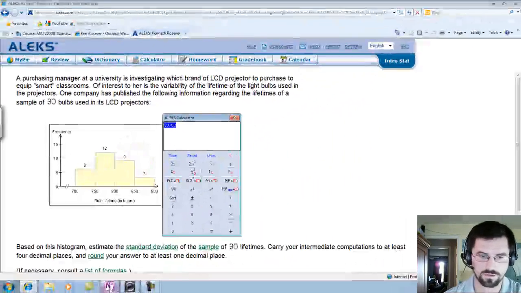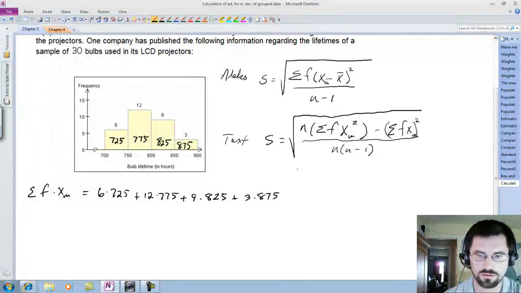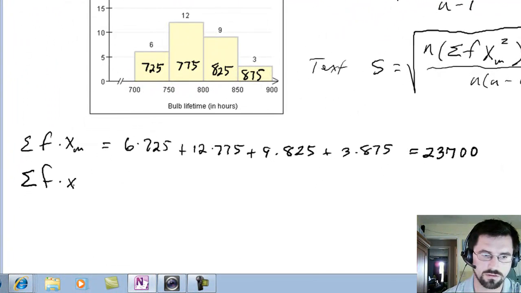So that goes back here. Now I'm going to do this calculation, which is the sum of the frequencies times the midpoint squared.